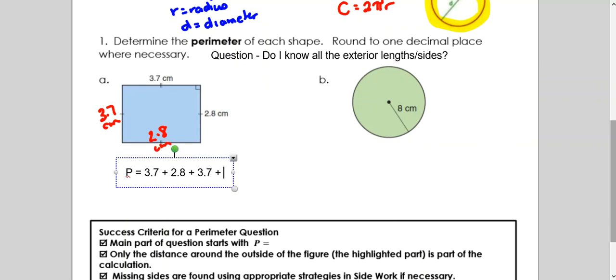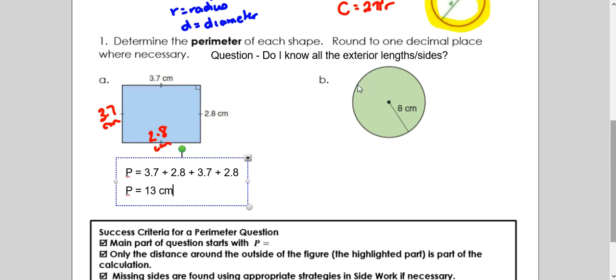So make the learning visible. And then if I add those sides up, 3.7 plus 2.8 plus 3.7 plus 2.8, I know that is that. So when I show my work, that's what I'm looking at.